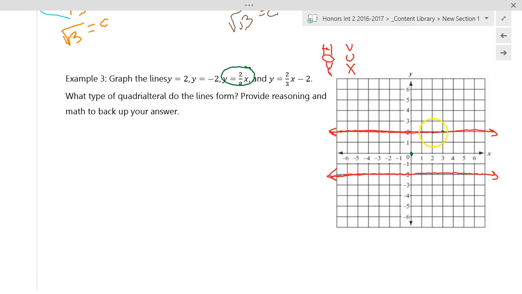Up 2 over 3. And if I go more, it's just going to go off the graph. Same thing going down: down 2, left 3, right? And then I'm going to try and draw a nice line.